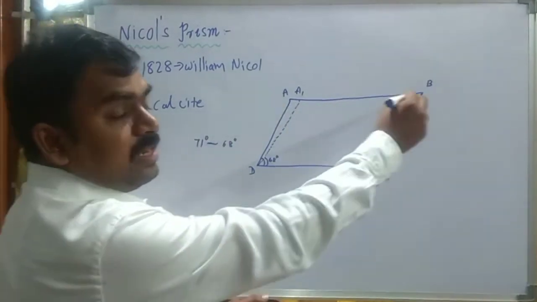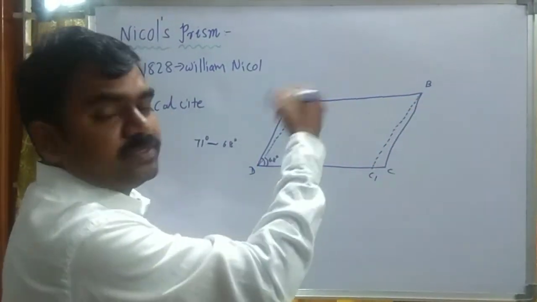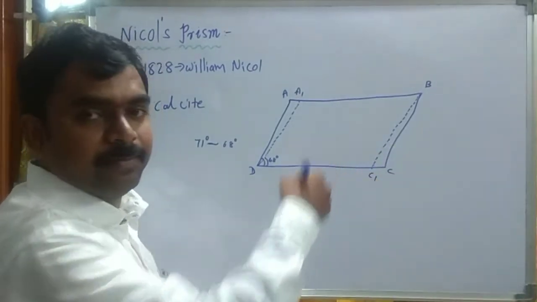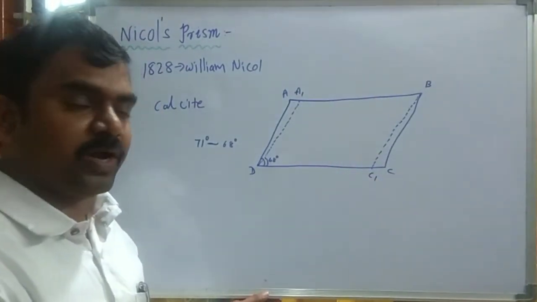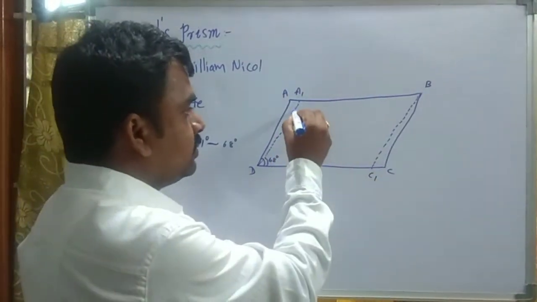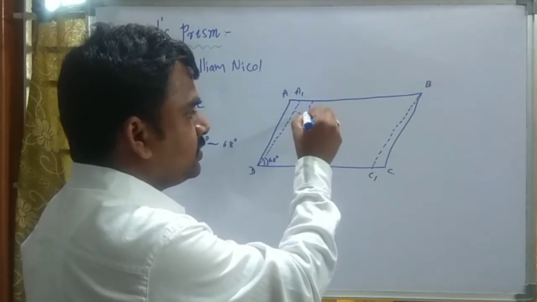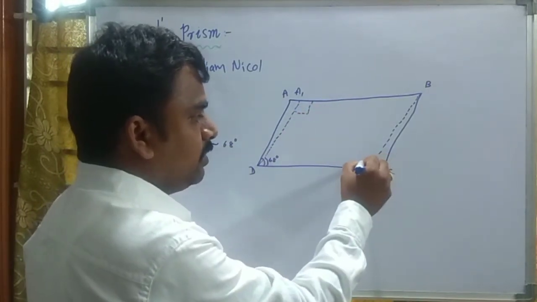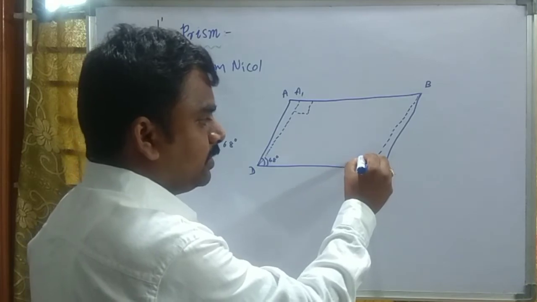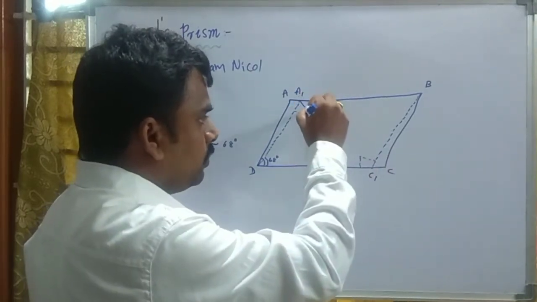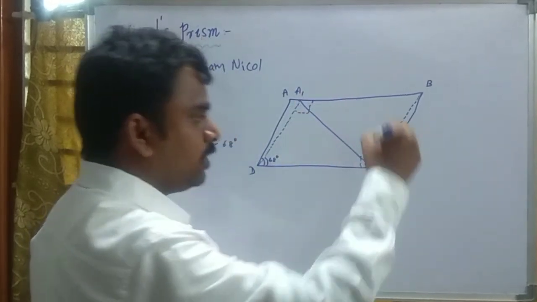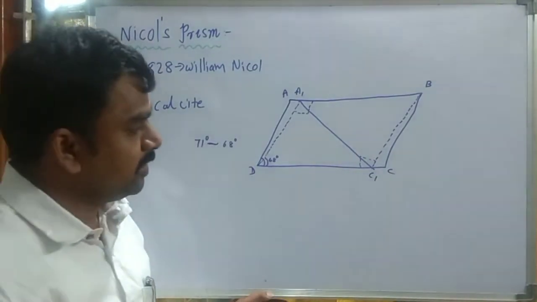The length of this calcite crystal is 3 times more than the breadth. Here this angle is 90 degrees and this is also 90 degrees. Now draw a line joining A1 and C1.